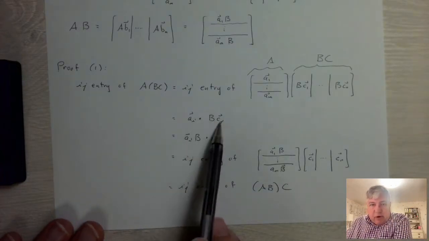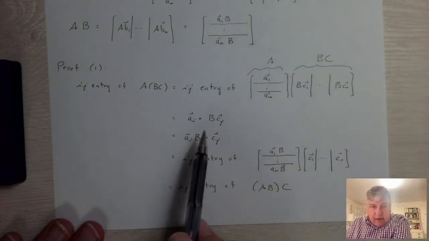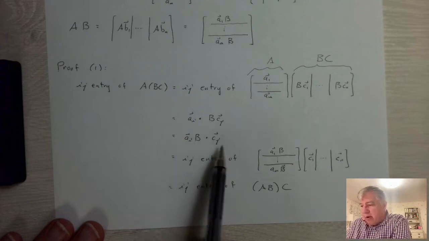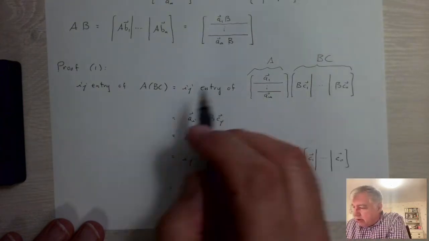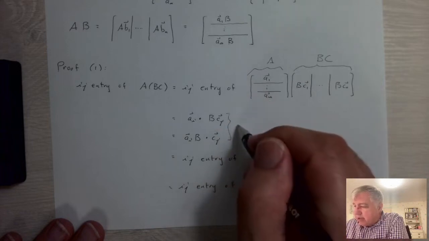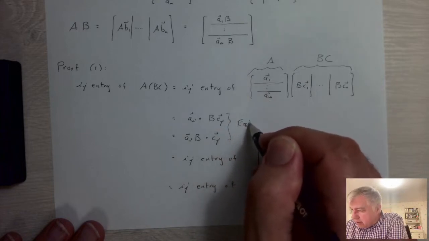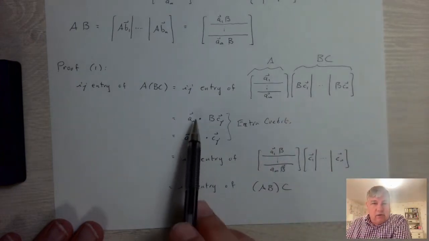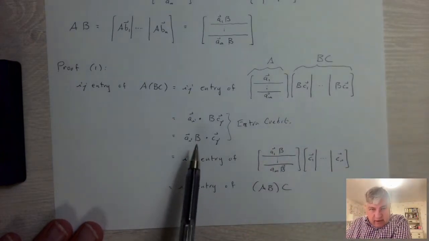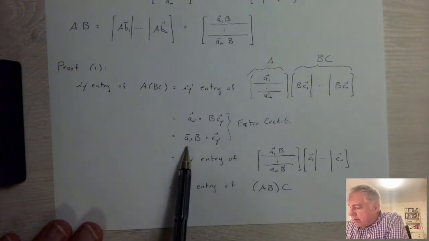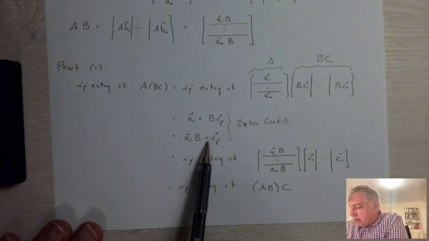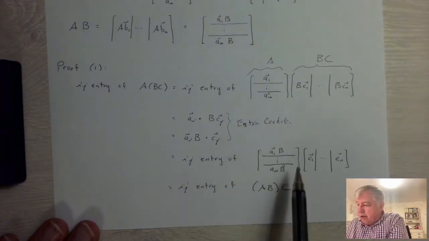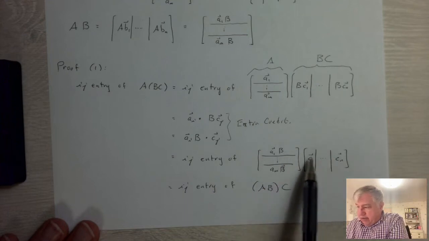And so we have the dot product here. Now, this turns out to be equal to this. This is not quite apparent, but I think I'll assign this for extra credit, that we can prove later on. So let's assume that this step is correct, then this is the ith row of A dot the jth column of BC, and this is just the ij entry of this matrix and this matrix.